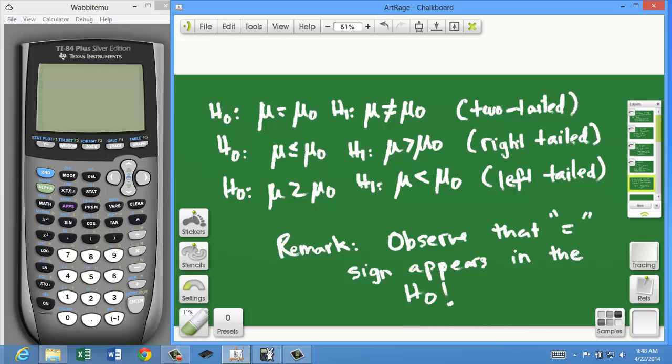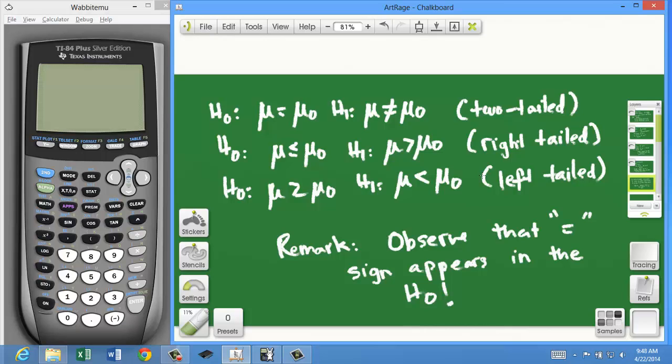A common misconception is that the equal sign could fall anywhere, in the null or the alternative, but that is incorrect. The equal sign must always appear in the null, because from a mathematical standpoint, it is what we call the reference distribution. So the equal sign should always appear in the null.